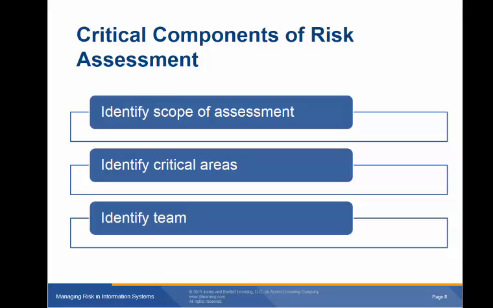The risk assessment team may not understand what is critical to management. The team should stay focused on what management considers important. At the end of the day, they write the check, so if they say selling widgets is the most important thing, then we need to protect the process that gets the widget sold.